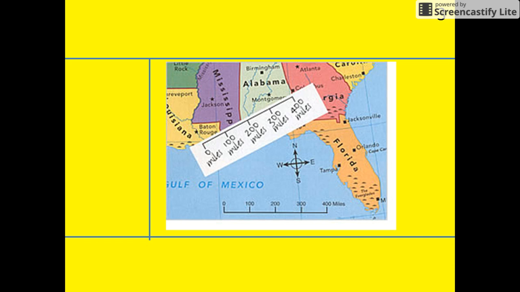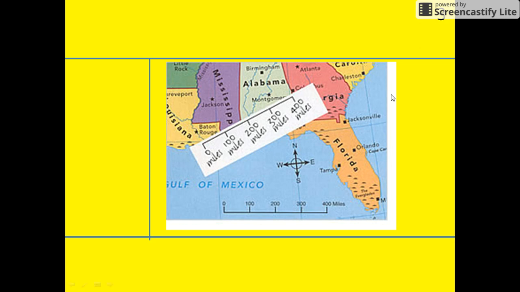So what is this an example of? I'm hoping that you would say scale. Why scale, Mr. Gonzalez? Because scale, again, we cannot put an entire country or an entire planet on a piece of paper. It doesn't work that way. What we can do is put a picture, a representation of it on a piece of paper. And in order to make it fit, we have to make it smaller.